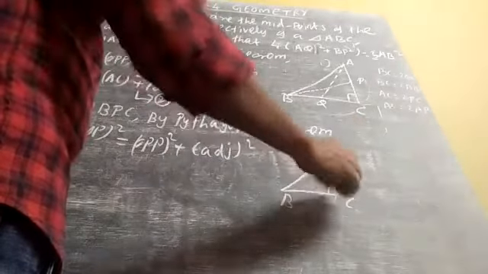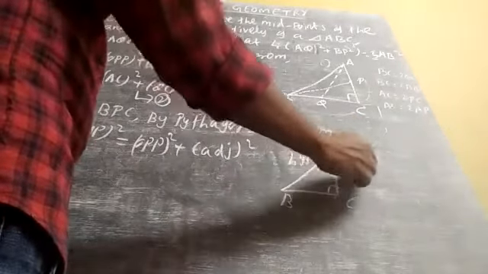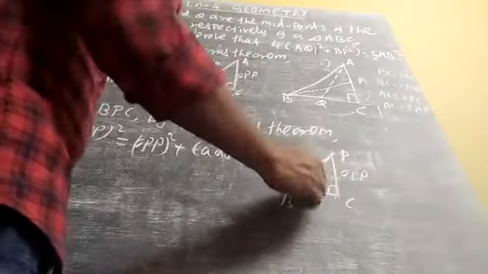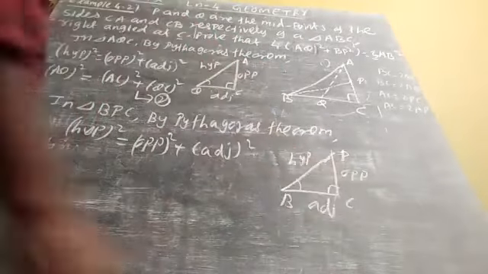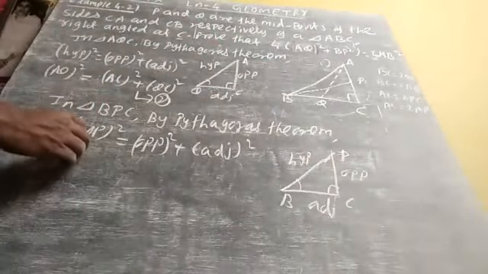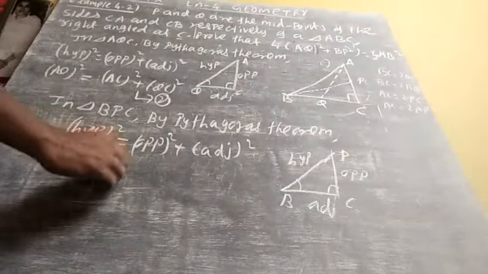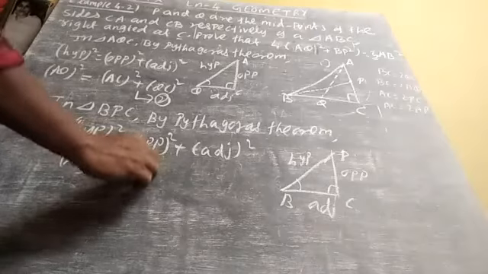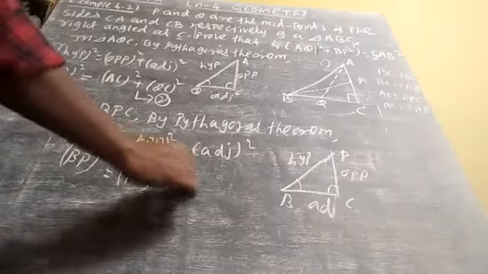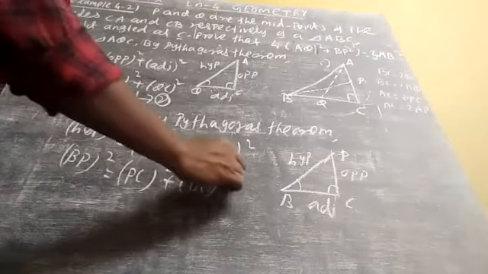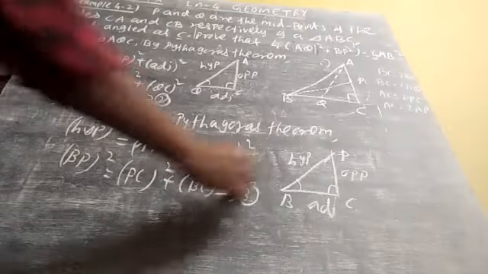In triangle PCB, this is hypotenuse, this is opposite, this is adjacent. So hypotenuse value BP square equal to PC square plus BC square. This is equation 3.